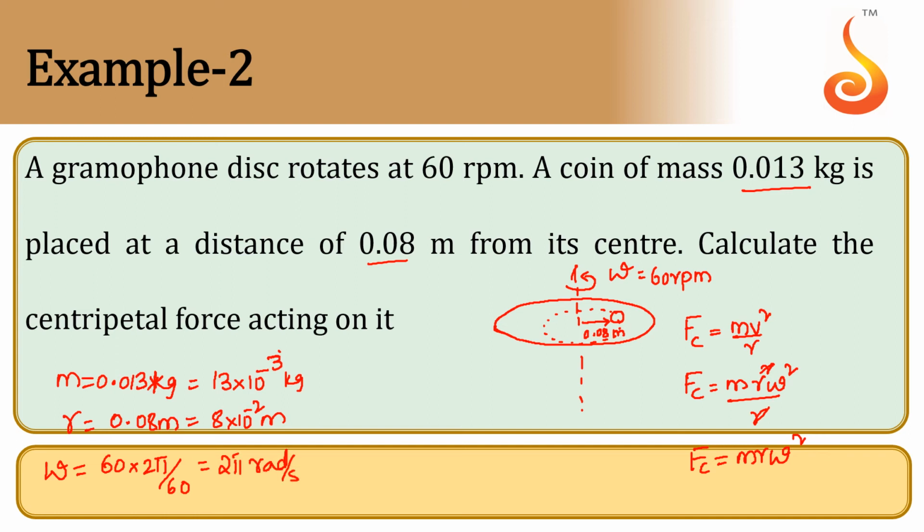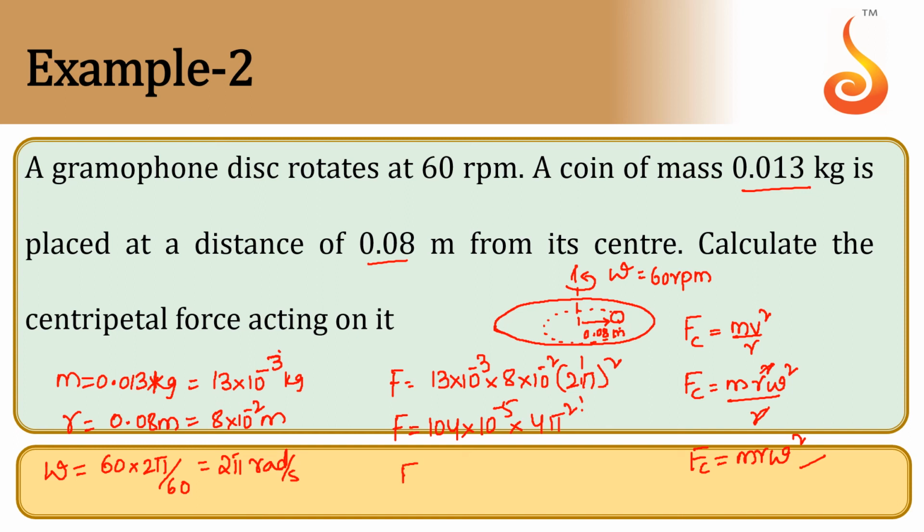So let us substitute mass, radius and omega in this formula. So what we get? Force is equal to m is 13 into 10 power minus 3, r is 8 into 10 power minus 2 and omega is 2 pi whole square. So what we get? F is equal to 13 into 8, which is 104, into 10 power minus 5 into 4 pi square.